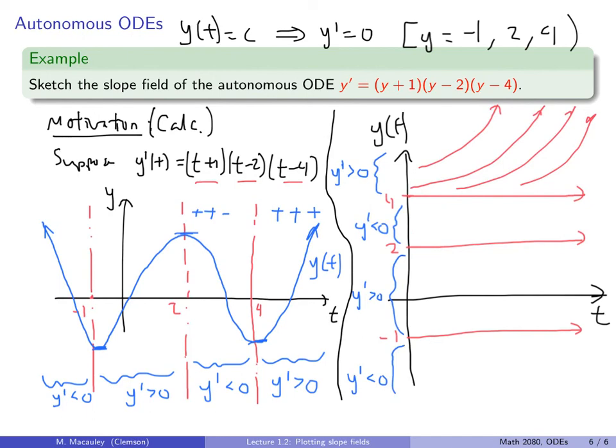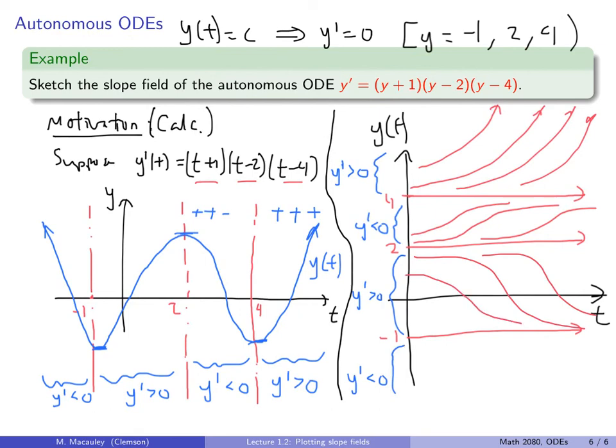Okay, so we have solutions, and all that can happen is something like this. They have to approach both of the steady state solutions from below and above at the same time. So they have to look sort of like that. Now down here, the slope is negative, so we have solutions that look like this.